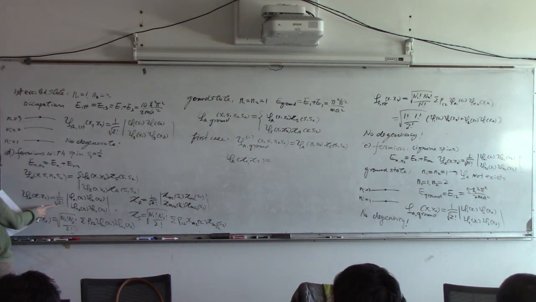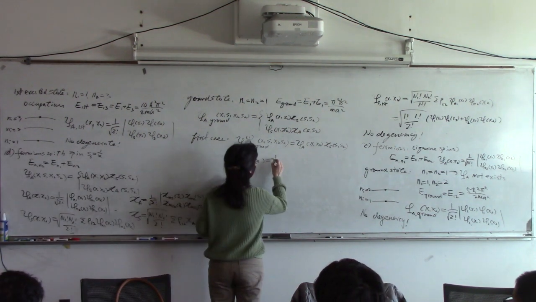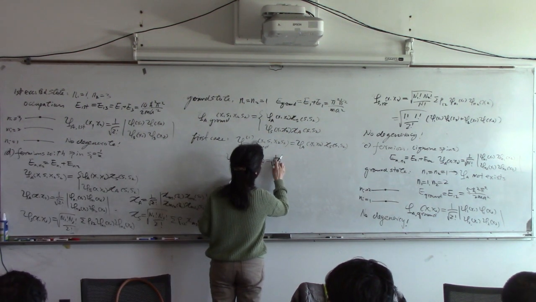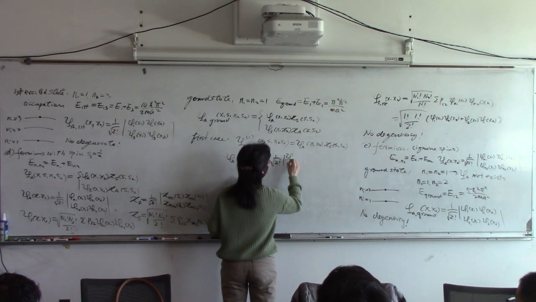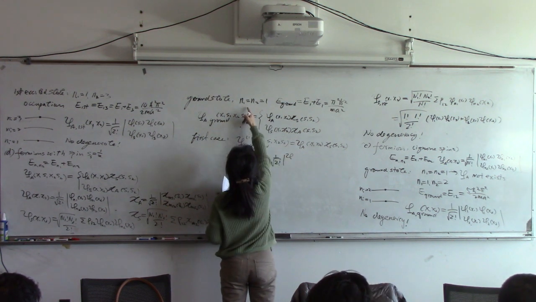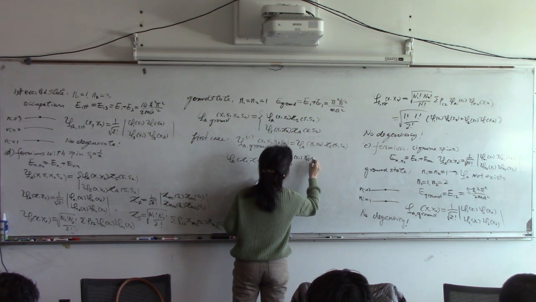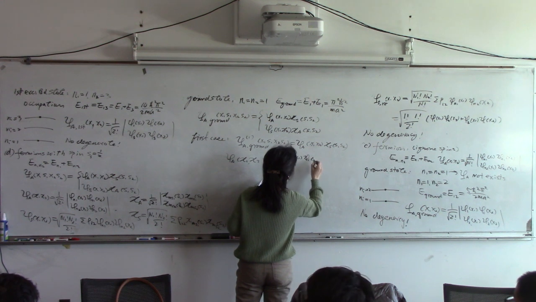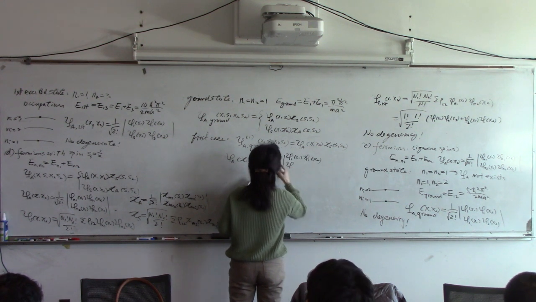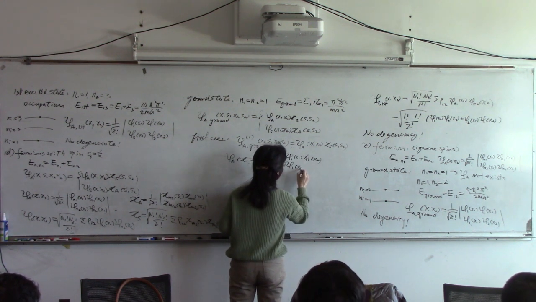This antisymmetric follows this, so that's 1 over square root of 2 factorial. And then here n1 is 1, n2 is 1, right? So psi n1 of x1 and psi n2 of x2, and n2 is again n1.